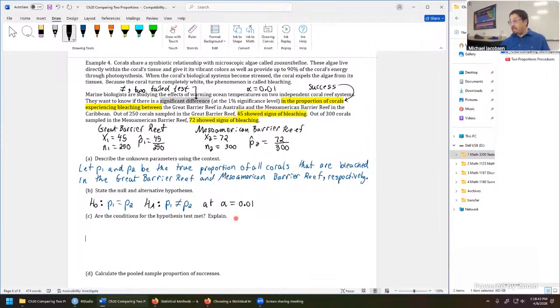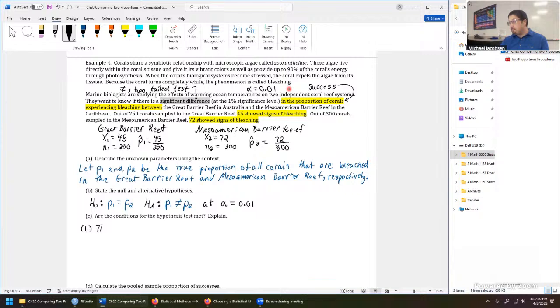The next stop is checking conditions. We probably need a little bit more space for that. As far as the condition checking goes, condition 1 is not just about randomization. We need to know that we have two independent samples in the first place. We have a sample coming from the Mesoamerican barrier reef, and you said straight out it's independent, so that qualifies. This fits the right procedure.